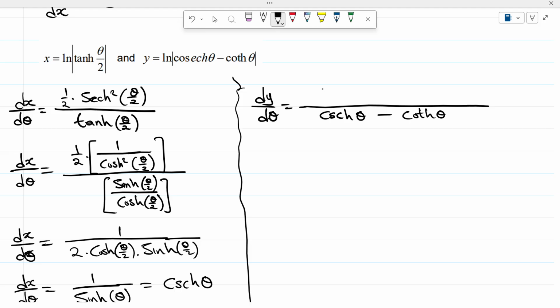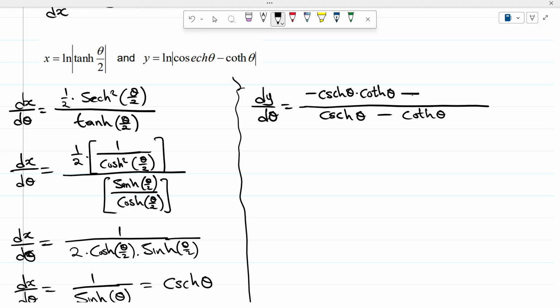So when we differentiate the hyperbolic cosec of theta, this will become negative hyperbolic cosec of theta hyperbolic cot of theta, minus what?